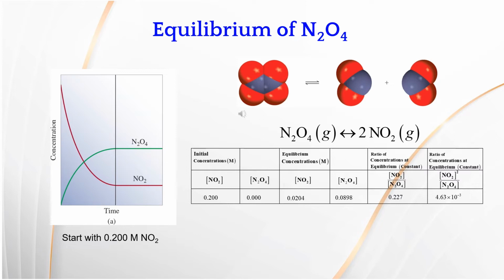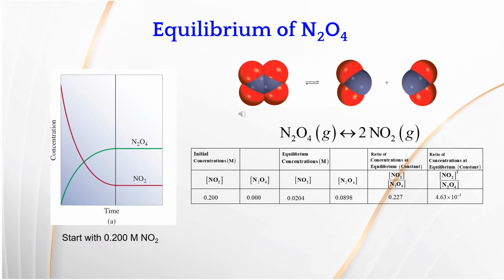Over time, as the reaction occurs, we can see an increase in dinitrogen tetraoxide and a decrease in nitrogen dioxide. To reach equilibrium, the concentration of dinitrogen tetraoxide increases and nitrogen dioxide decreases. At one point, the concentrations of both become constant, and the reaction does not stop.